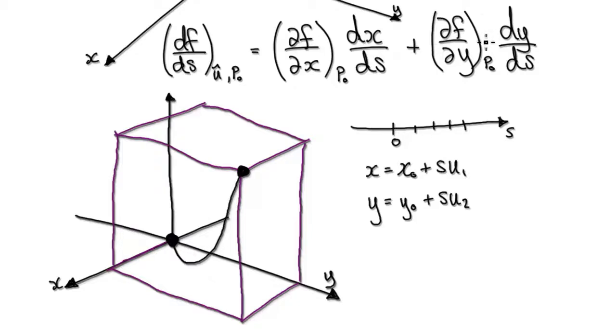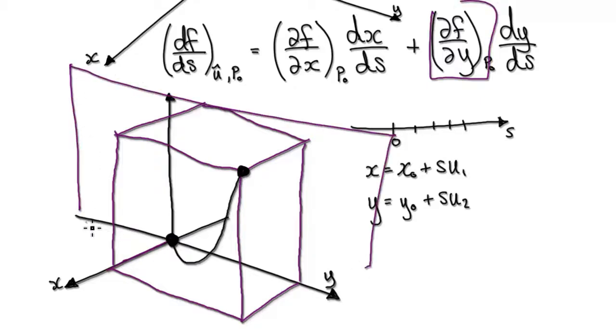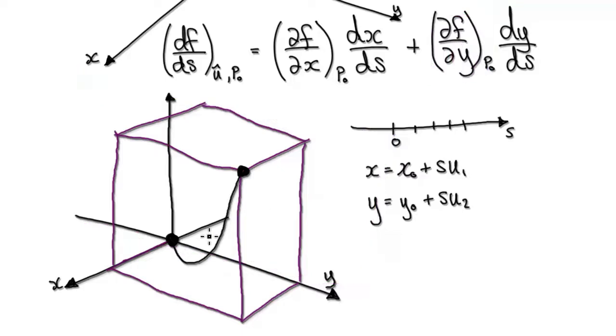So looking at this with respect to y. So you imagine your sheet of paper like this, your vertical sheet of paper along the y-axis. You working out the df with respect to y would give you something looking like this in the y direction.